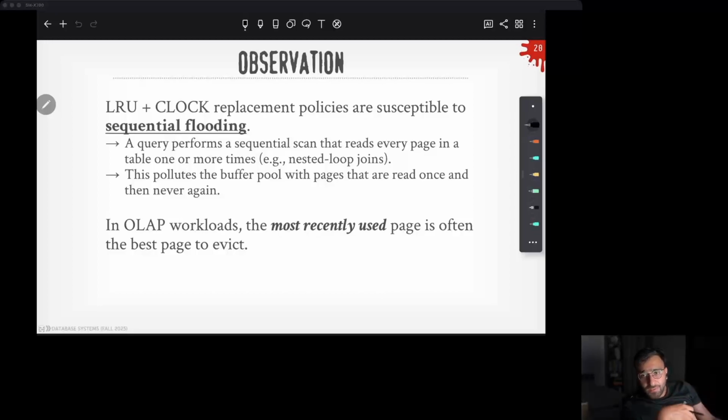Once you have gotten the data, on your application side you can run your own Excels and Tableaus to build dashboards, but it is very unlikely that you'll run the same data warehousing query again and again. So you assume that all the pages are one-offs: the most recent page you have fetched is very unlikely to be used again, so you can swap it out. I hope that made sense.